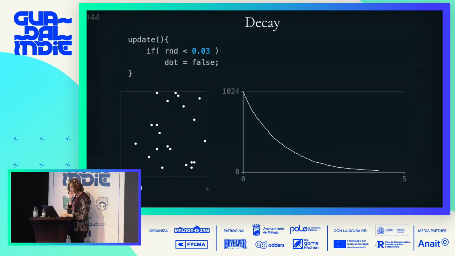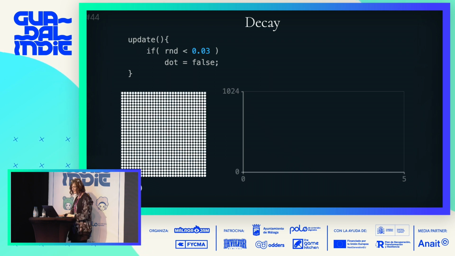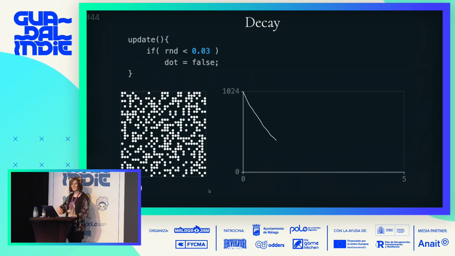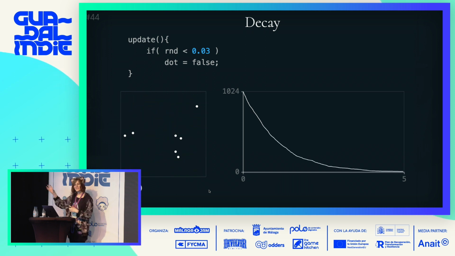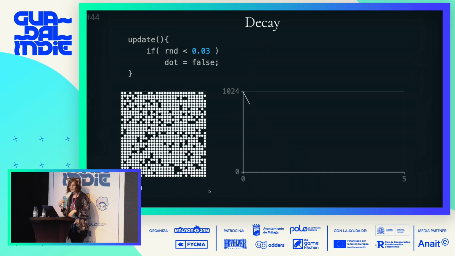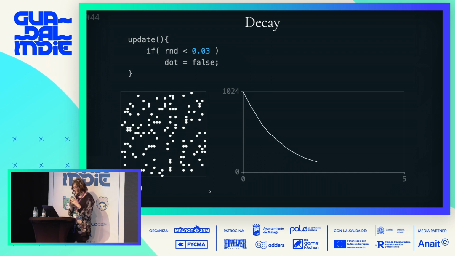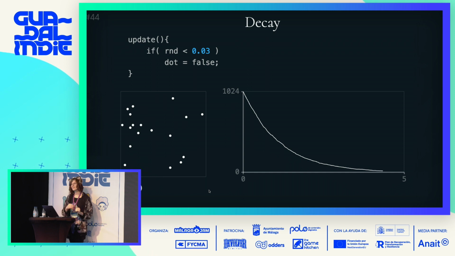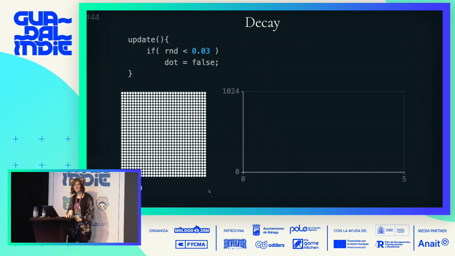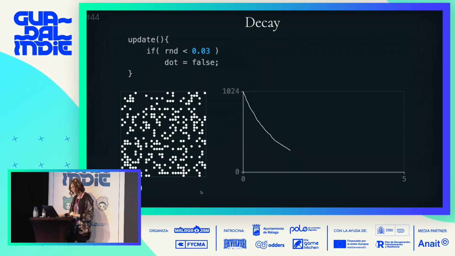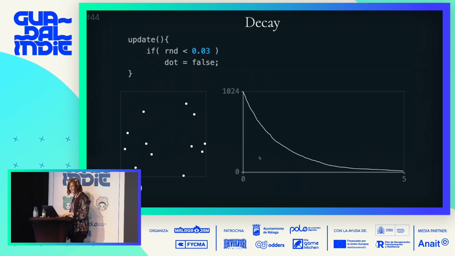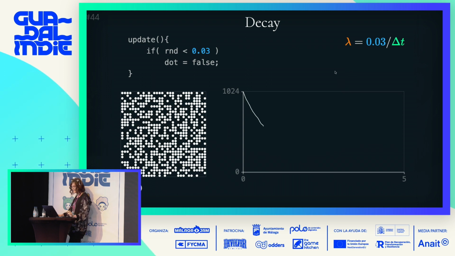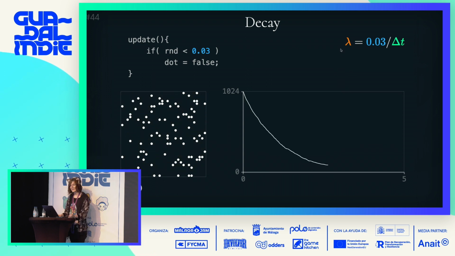And so this is actually the exact same process that we see in radioactive decay in real-world materials. There's a random chance that some particle will decay and eject from some material, and then we get this really interesting curve to how the number of particles changes over time in the source material. And so this can actually be computed, and the constant for this is usually denoted using a lambda.